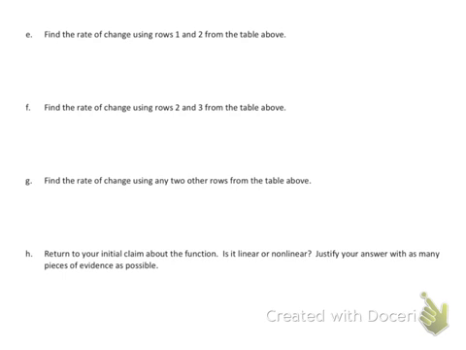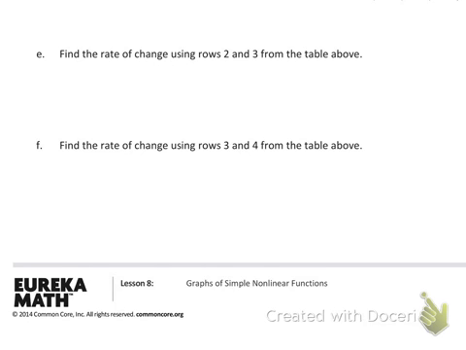All right, so we are asked again to find the rate of change using some different points. And here is the right page that matches yours. Okay, so find the rate of change using rows 2 and 3. So what are the points in rows 2 and 3?